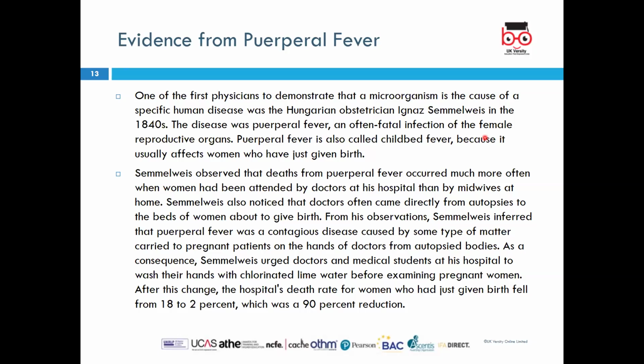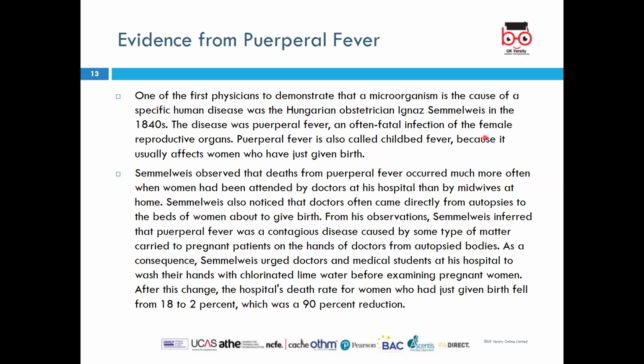From this observation, Semmelweis inferred that puerperal fever was a contagious disease, traveling from one dead person to another, by some type of matter carried to pregnant patients on the hands of the doctors from autopsied bodies. As a consequence, Semmelweis urged doctors and medical students at his hospital to wash their hands with chlorinated lime water before examining pregnant women.